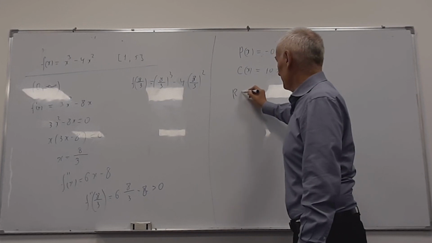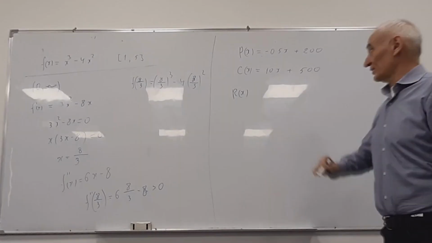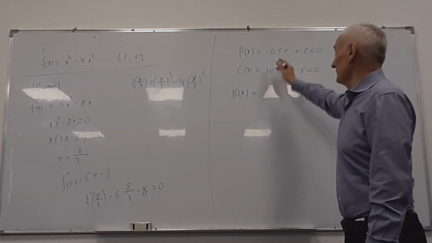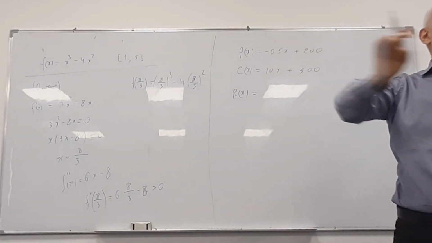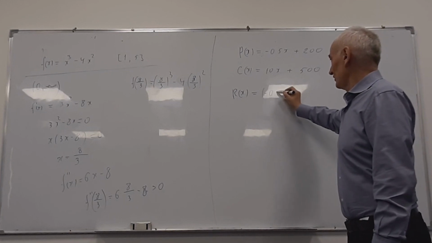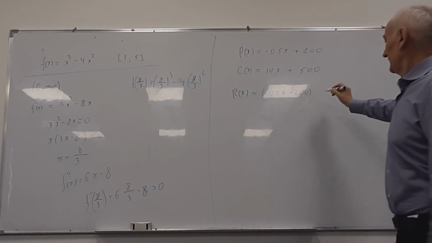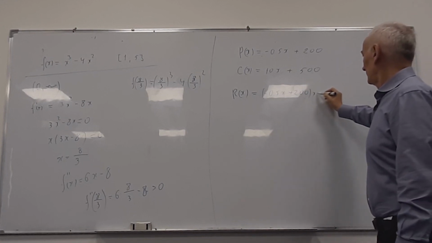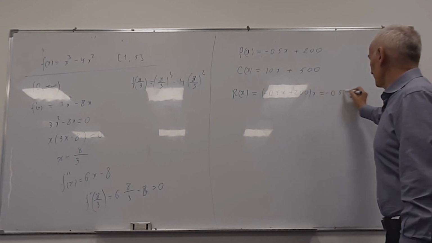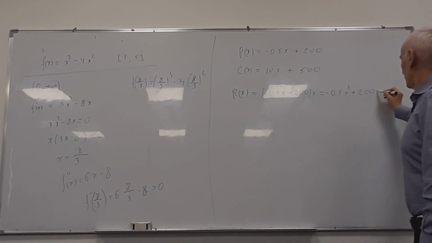What do you think? Yes, absolutely, revenue is going to be price multiplied by quantity, by x: negative 0.5x plus 200, multiplied by x, is going to be negative 0.5x squared plus 200x.